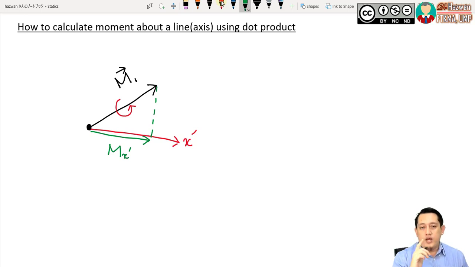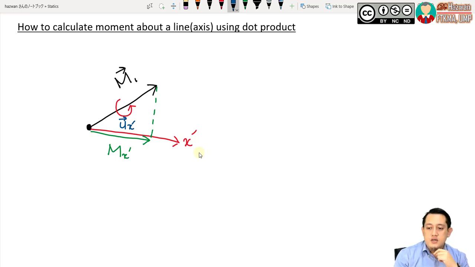To calculate this Mx prime in the new direction x prime, what we need is the unit vector of this new line or axis, the unit vector of x prime.